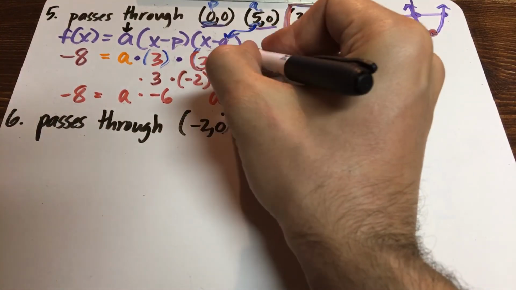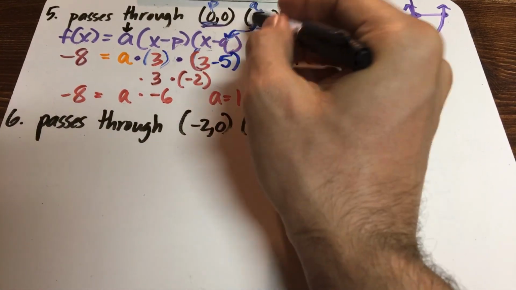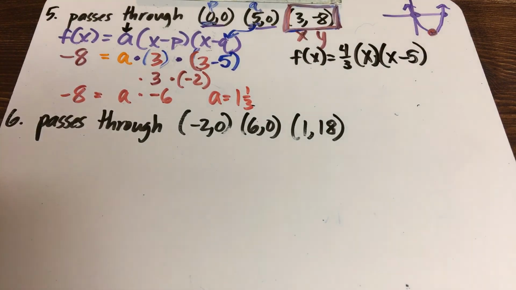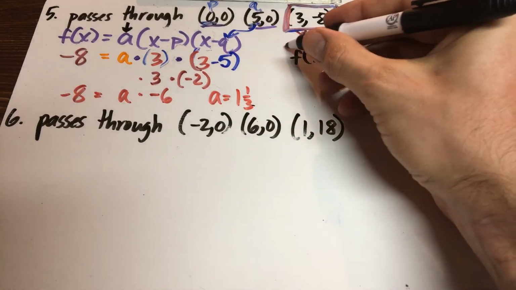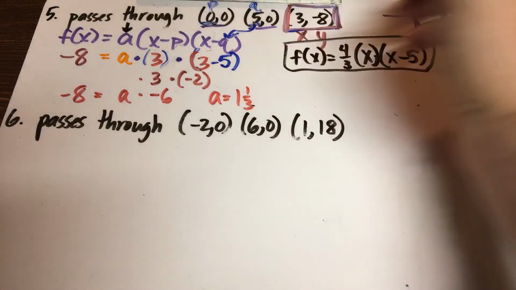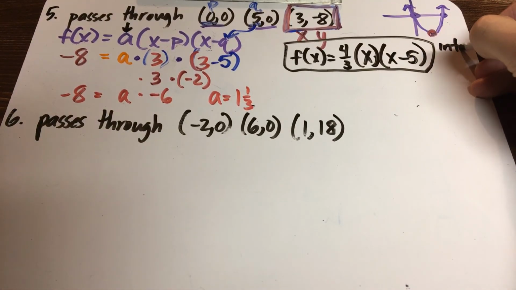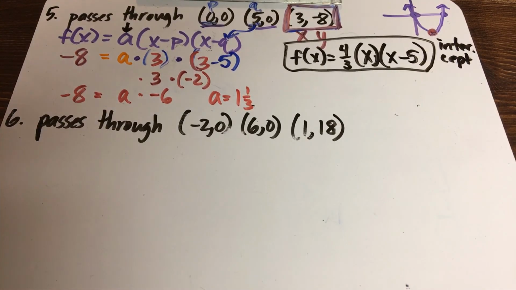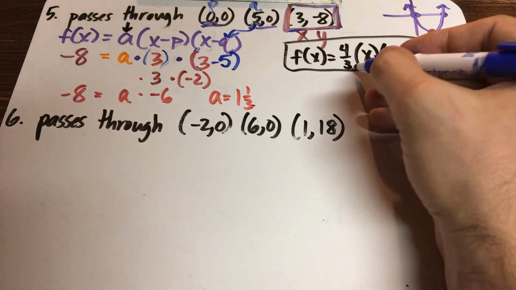Those were the numbers that I had right here and right here, the 0 and the 5. And now I would normally be done if it said intercept form. This is intercept form.